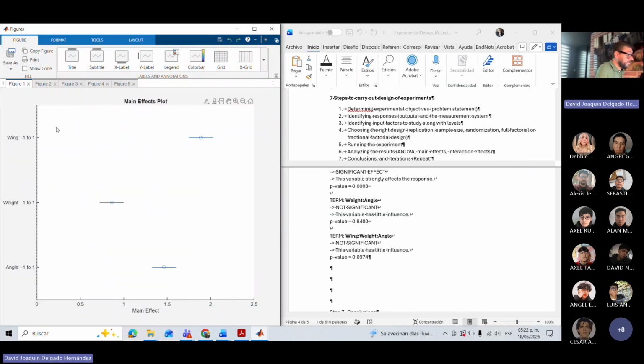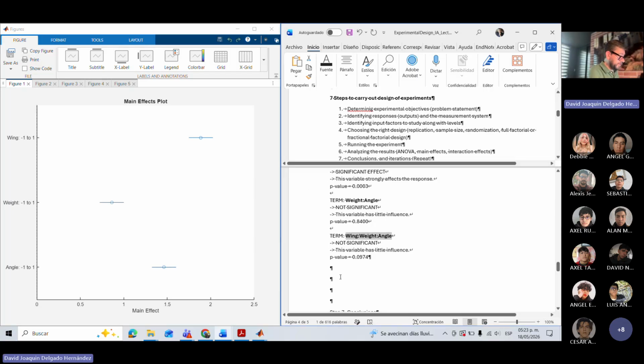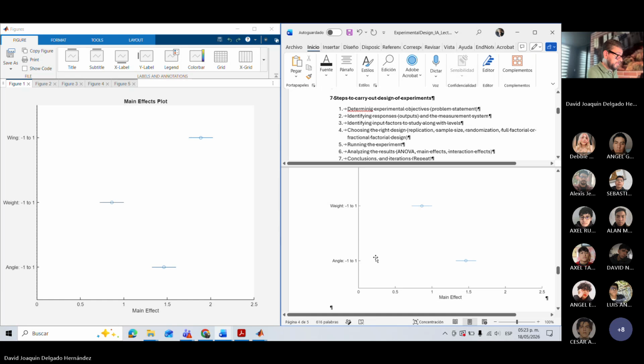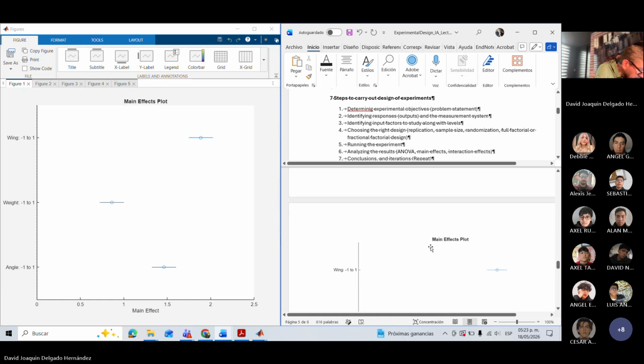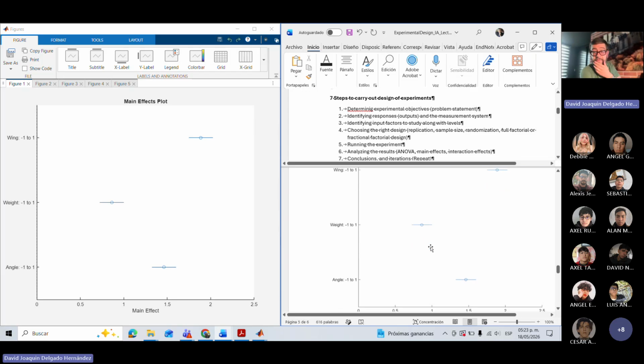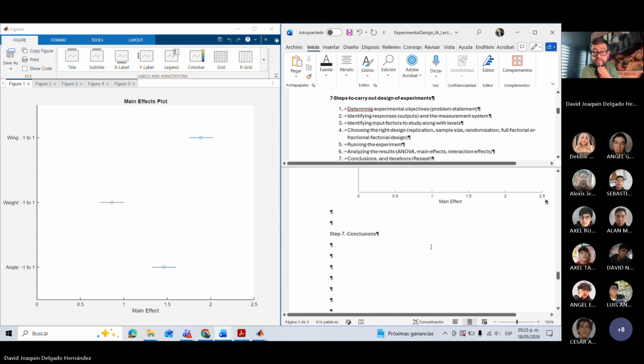So in figure number 1, let me copy this figure, and I am going to paste here. I am going to put it in the Word document.